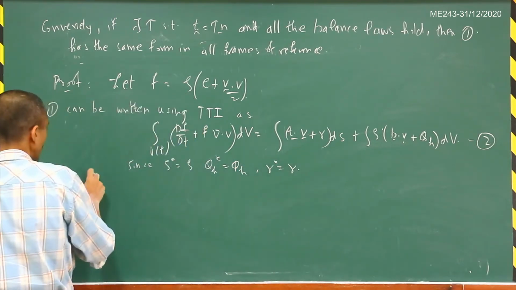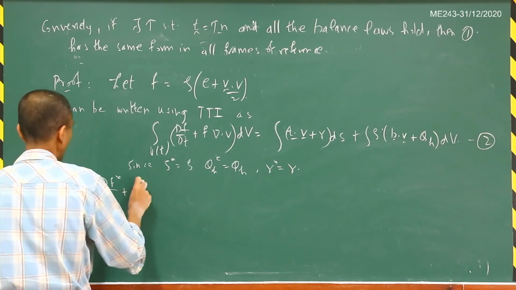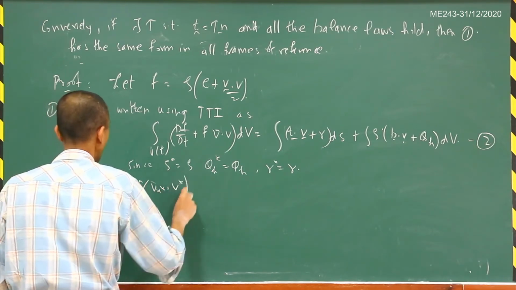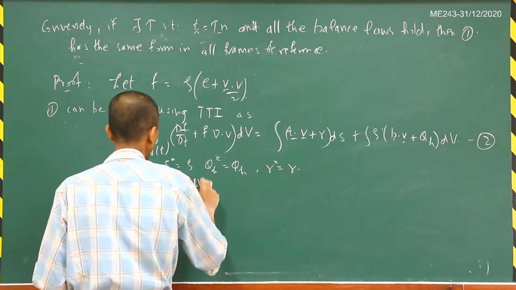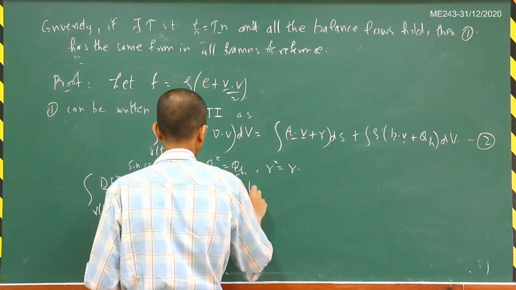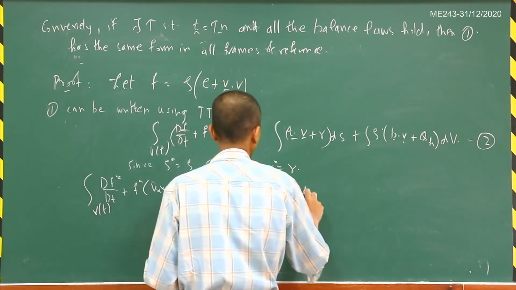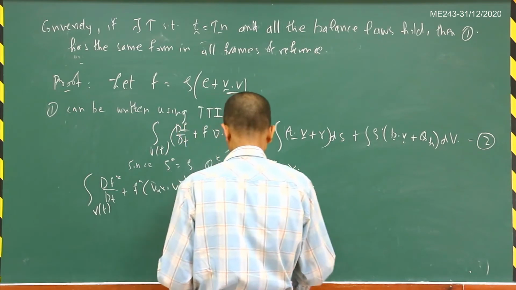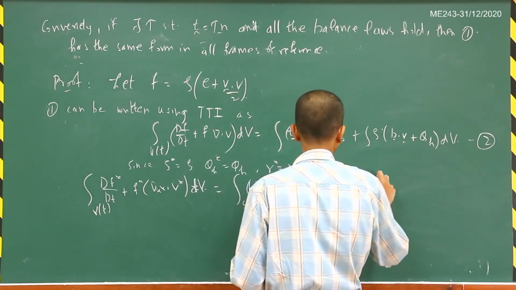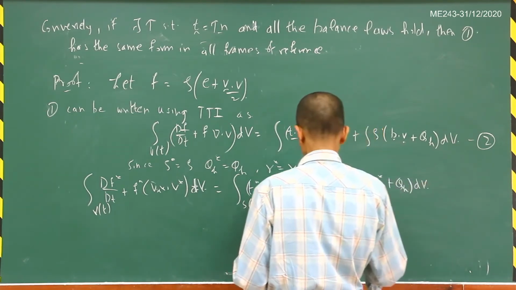What you will get is that integral of df star by dt plus f star times del x star dot v star times dv over v of t is equal to integral of t star dot v star plus gamma times ds over s of t, plus integral of rho times v star dot v star plus qh times dv over v of t.